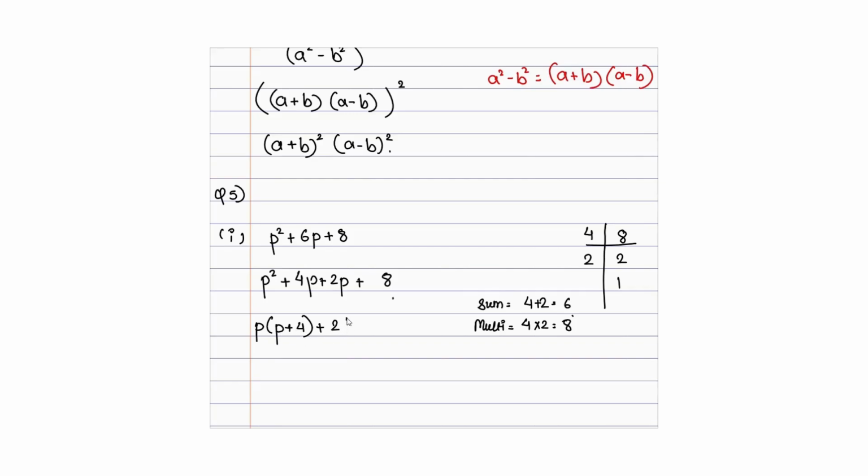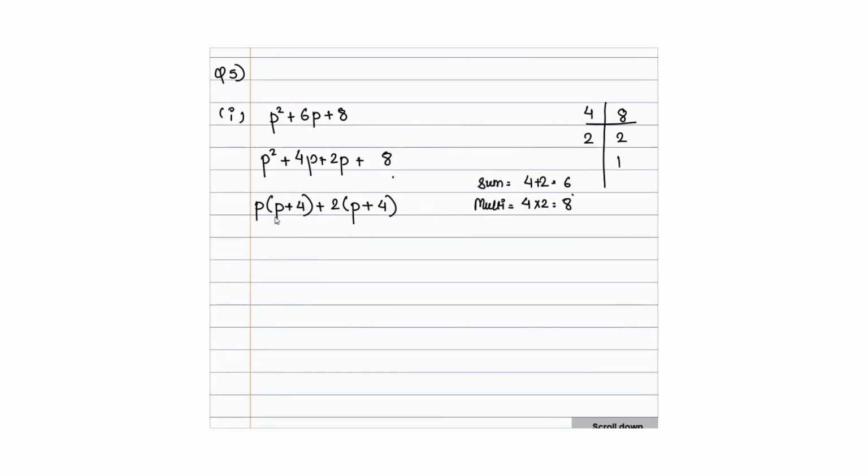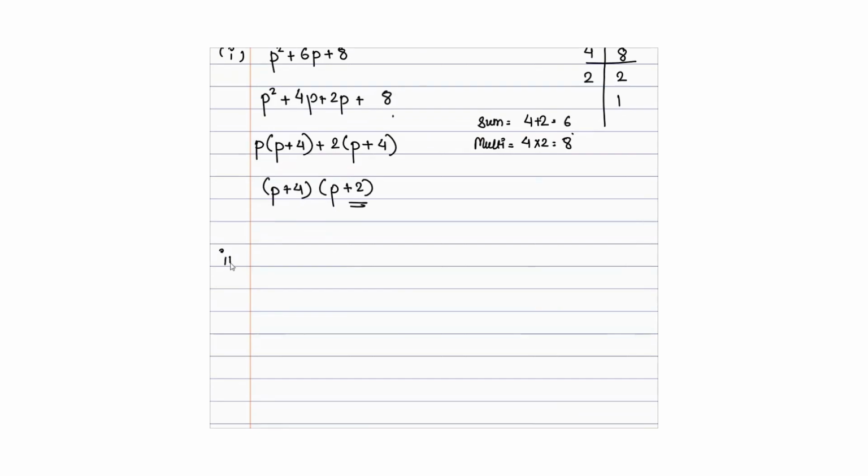From here 2 will be taken as common, and this will be p plus 4. From both of the things, we can clearly see that p plus 4 can be taken as common. What will remain inside the bracket? That is p plus 2, and that's it. That will be our answer, and this is how this question will get solved. Understood? Okay, let's do the rest of the two questions now.